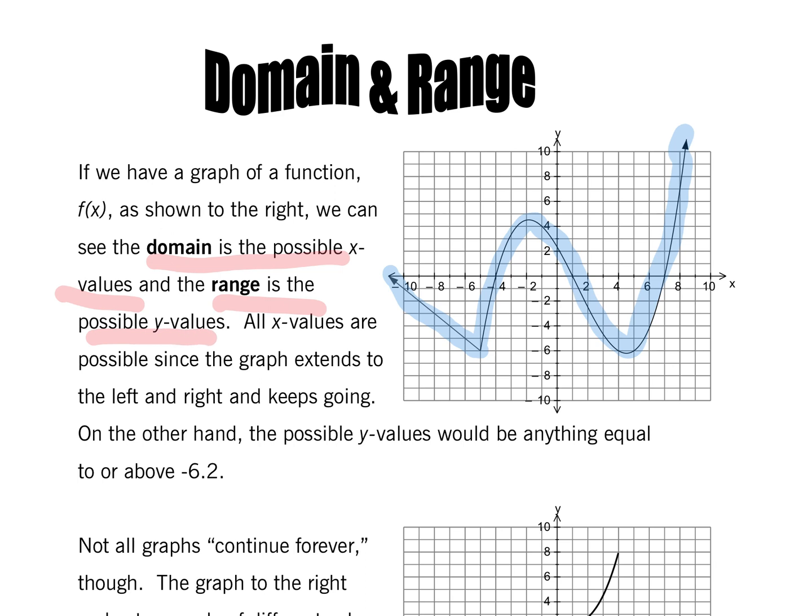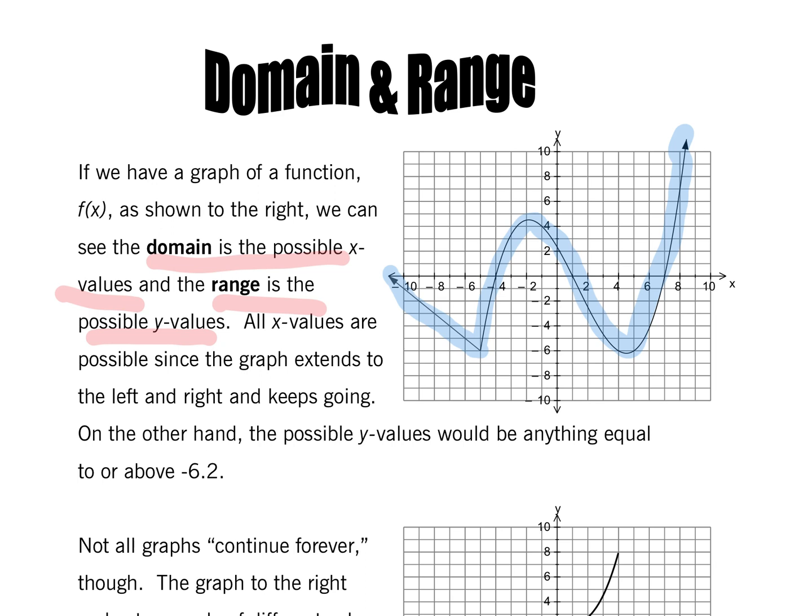If we look at the graph and we also look at those arrowheads, the arrowheads indicate that the graph is continuing in those directions forever and ever. We can conclude for the x values, all x values are possible since the graph extends to the left and right and keeps going forever and ever.